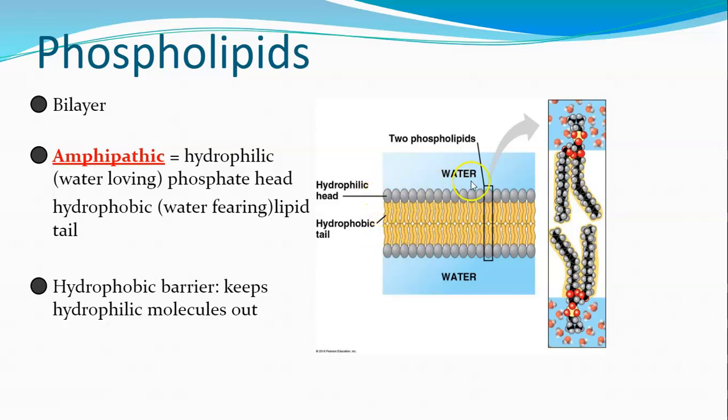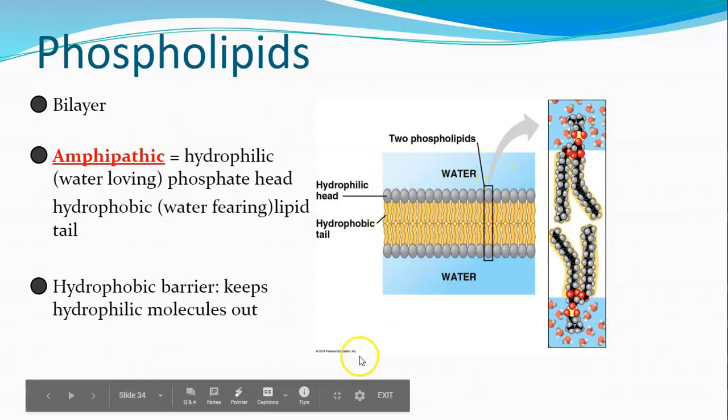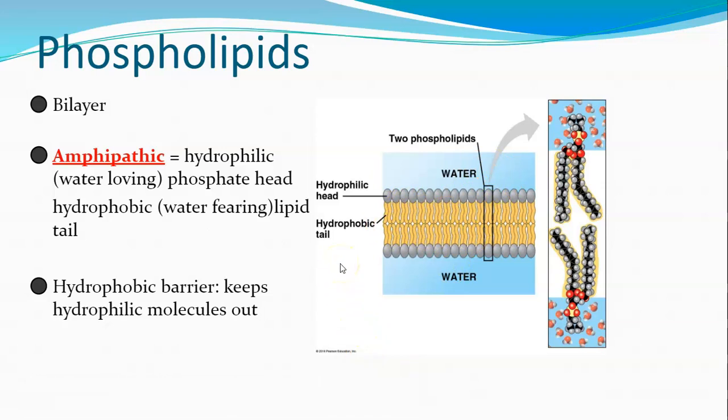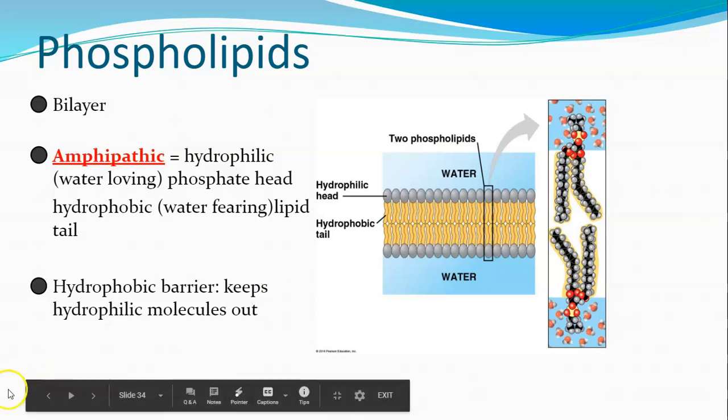So the heads of the phospholipids really like water because they're polar, and the hydrophobic tails of the phospholipid are water-fearing. They are nonpolar, so they like to hide on the inside, and so they organize themselves in this way because the cell and outside the cell is basically a bag of water. Hydrophobic barriers keep out anything and everything from being able to move between the cells.